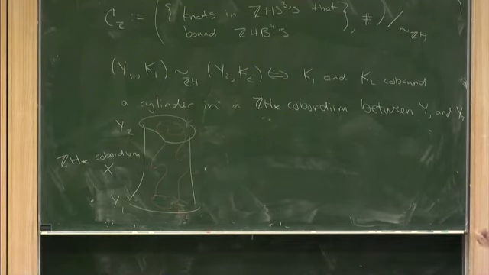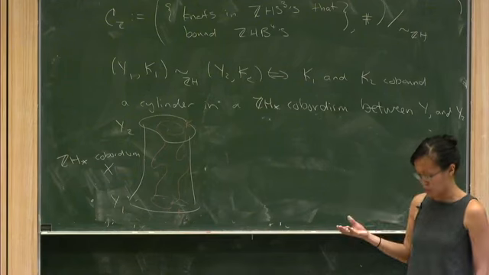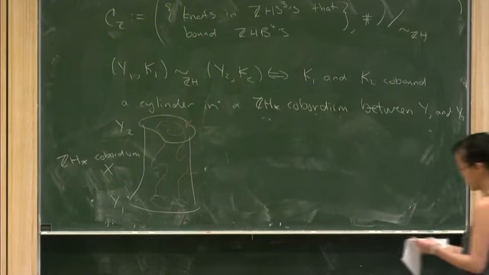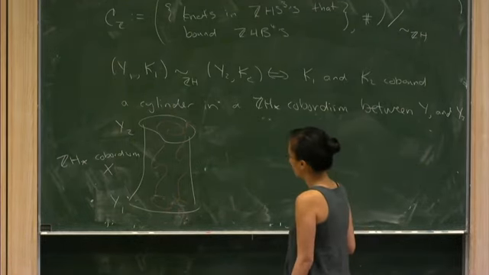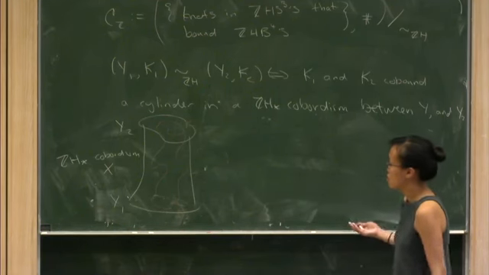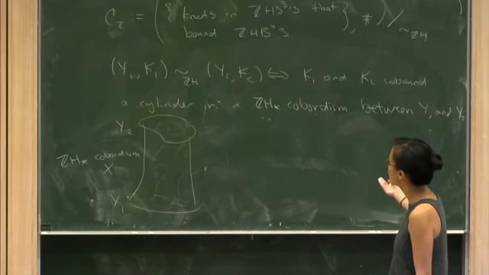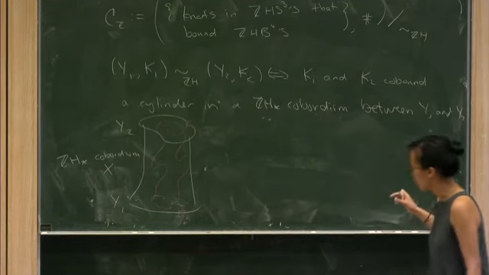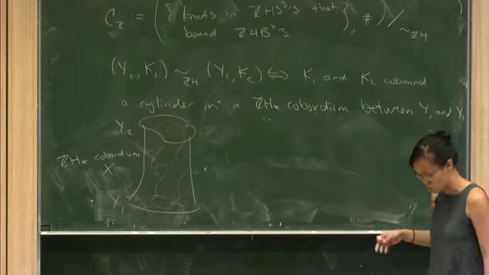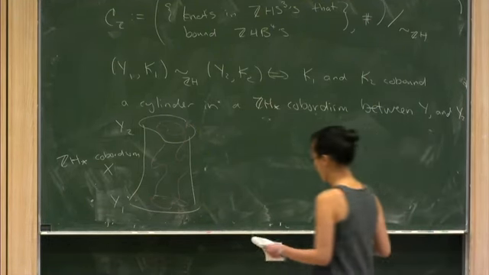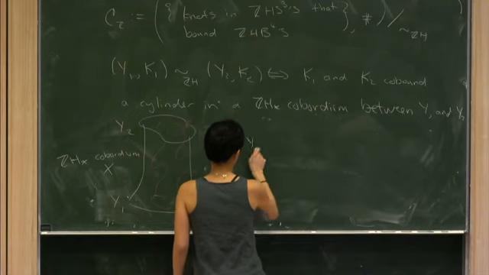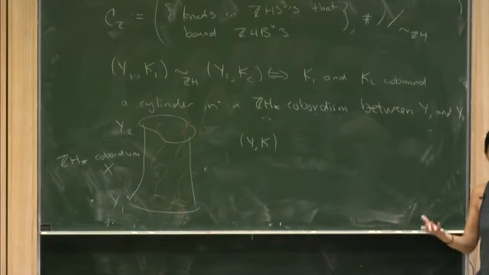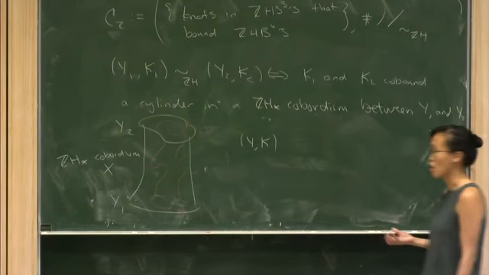Great. So I may forget to say it, but from now on, we'll just be considering integer homology spheres that bound integer homology balls. And great, so the identity in this group are things that are integer homology concordant to the unknot in S3, and equivalently, that's equivalent to bounding a smooth disk in an integer homology ball.